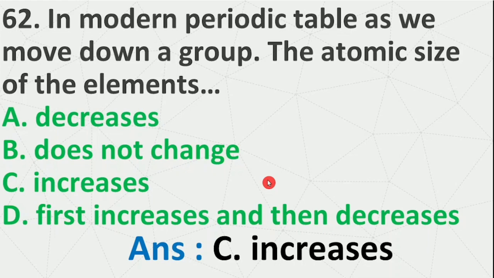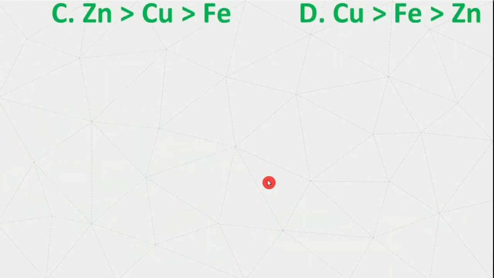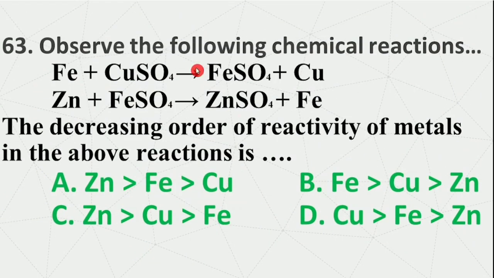Observe question number 63. Observe the following chemical reactions: Fe plus CuSO4 gives FeSO4 plus Cu. Zn plus FeSO4 gives ZnSO4 plus Fe. What is the decreasing order of reactivity of the metals in the above reactions? We have 3 metals, zinc, iron and copper.